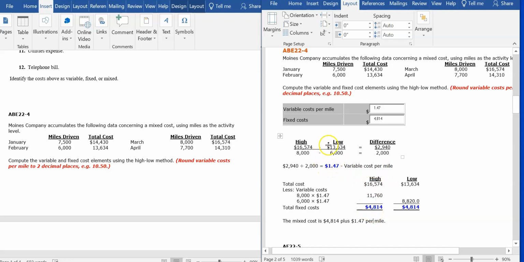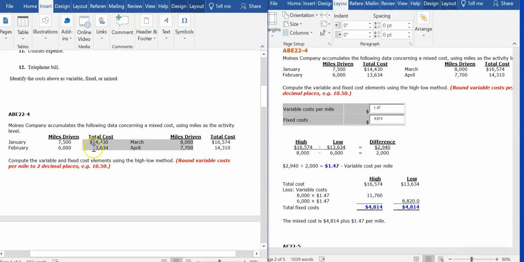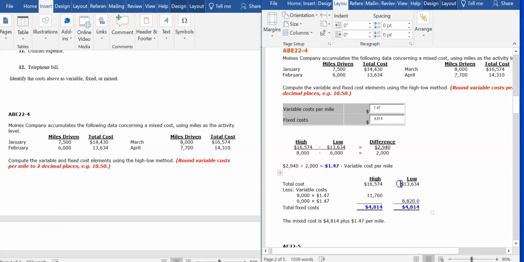We could do the same thing to estimate the fixed by using the low data point. Total cost incurred at the low data point, $13,634. That low data point cost was incurred when 6,000 miles were driven at a variable rate of $1.47 per mile.